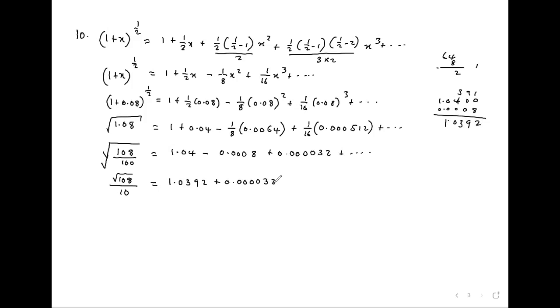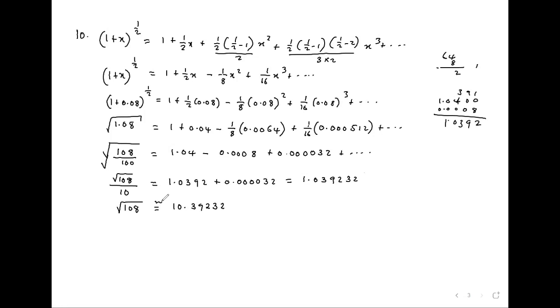When you add these, we get 1.039232. Then we multiply through by 10 so that we have the root of 108 alone here. That becomes 10.39232, an approximation.